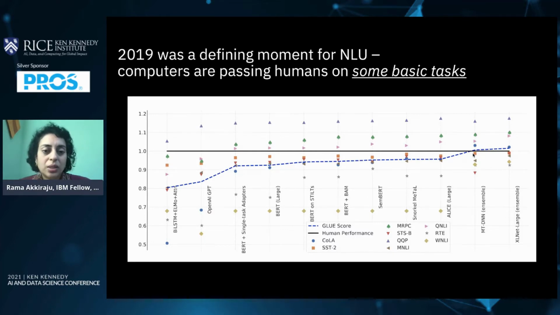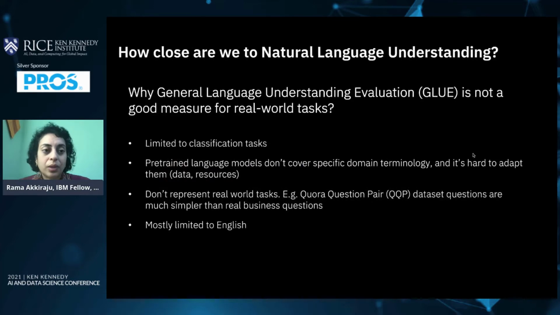The problem with these data sets is that they use this General Language Understanding Evaluation, GLUE score, on limited classification tasks and specifically restricted to English language only. And they're pre-trained language models. They don't cover many domain-specific terminologies or industry context terms or domains.